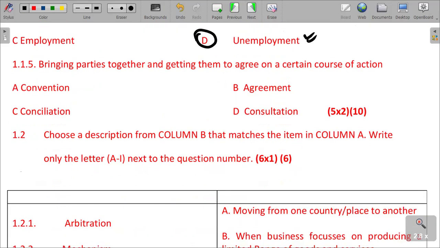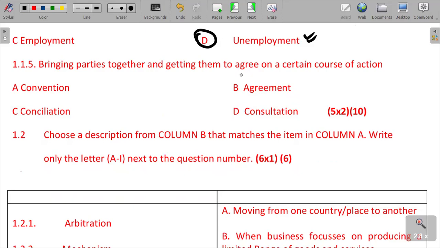Bringing parties together and getting them to agree on a certain course of action. When people have disagreements and are brought together to discuss and come to a consensus on their differences, what do we call that? It is not a convention, agreement, or consultation.